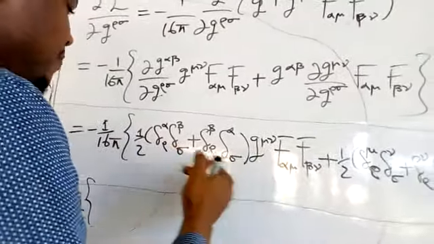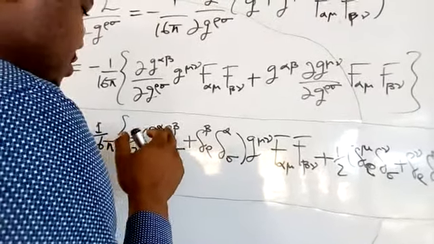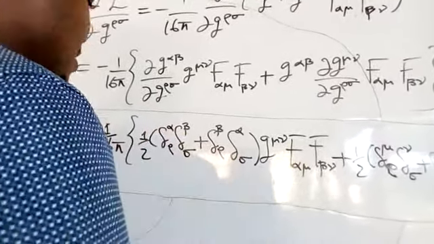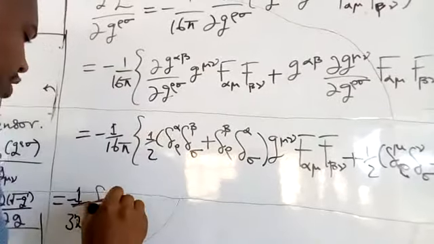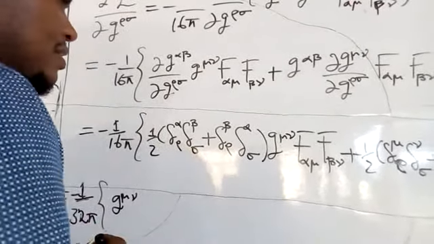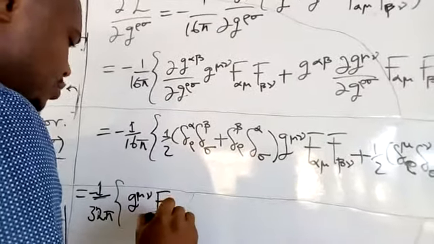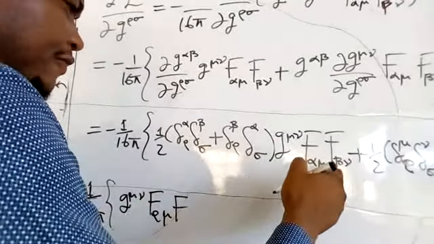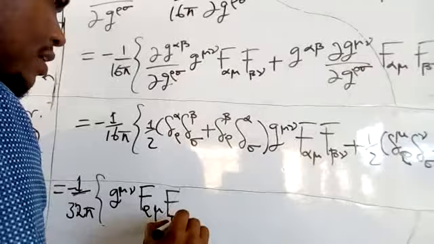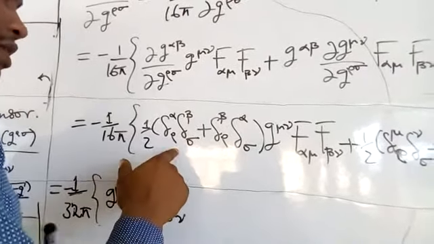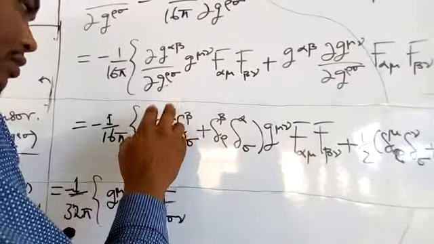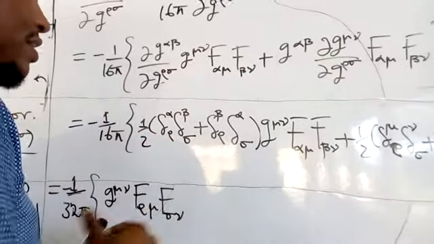I'm going to have to change only alpha and beta because I don't have rho and sigmas here. So first of all, G mu nu is untouched by the Kronecker deltas, but alpha has to change to rho. So the alpha that was here becomes rho mu. And then F here, the beta has to become sigma nu. That's for the first time here, just evaluating the Kronecker deltas on that term.